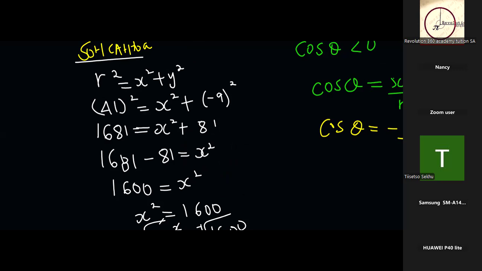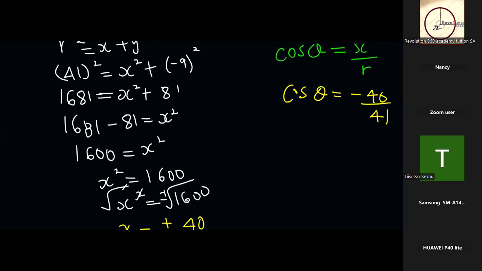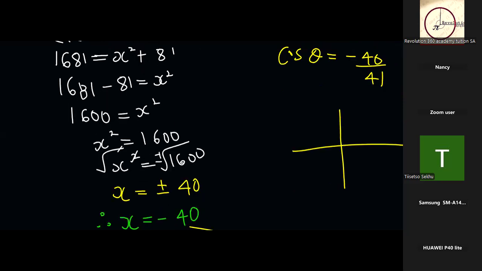cos is adjacent over hypotenuse. So we're going to draw a diagram. When you draw a diagram, this is what's going to happen. That is 0, 360, we all know, 90, 180, 270. Our y, was it negative 9? Yes, our y was negative 9.